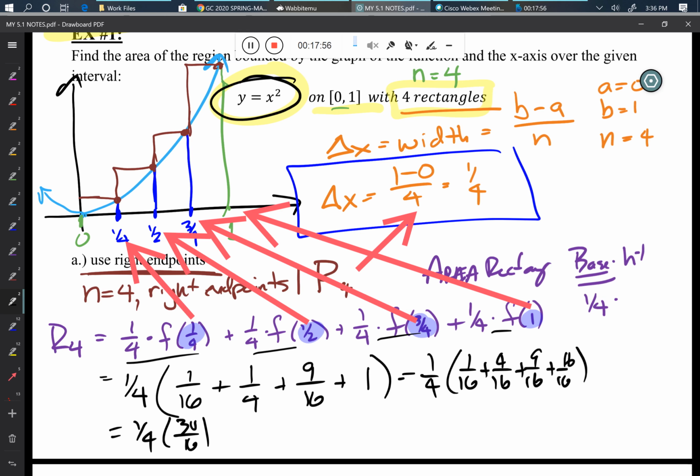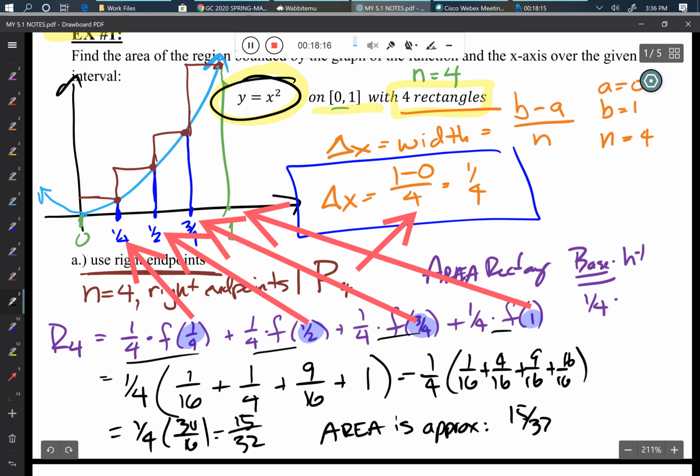Half of 30 is 15, so 15 30-seconds. So the area is approximately 15 30-seconds square units, whatever those units mean.